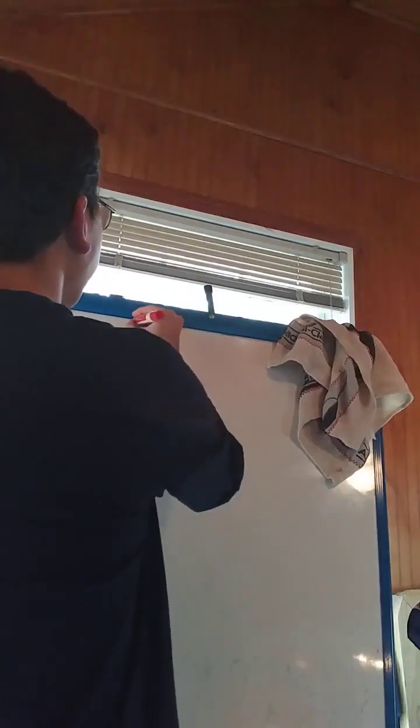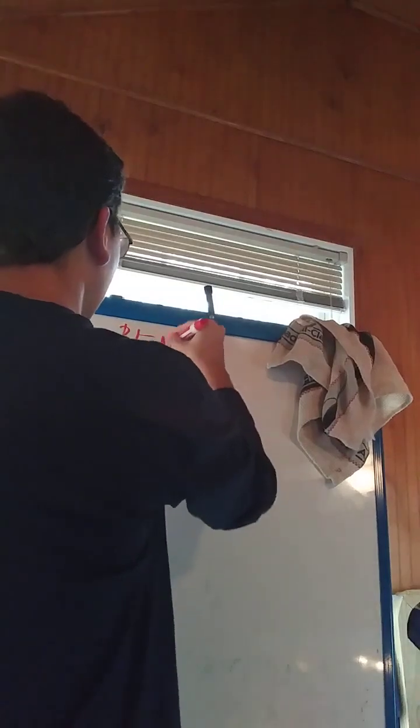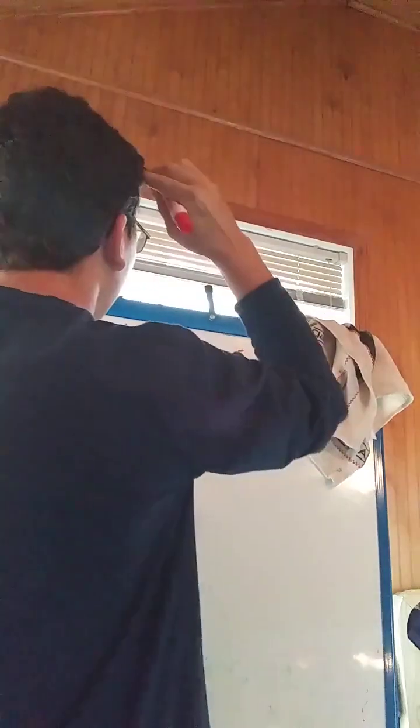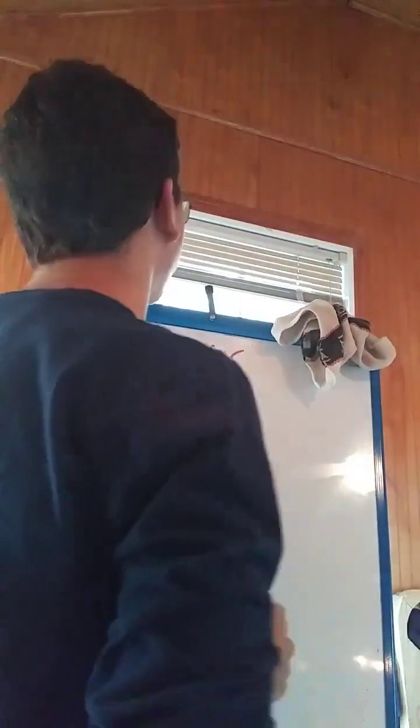So the word is PEMDAS. You can add an extra S to it, but you don't need to. So this is the acronym to use for solving order of operation problems.